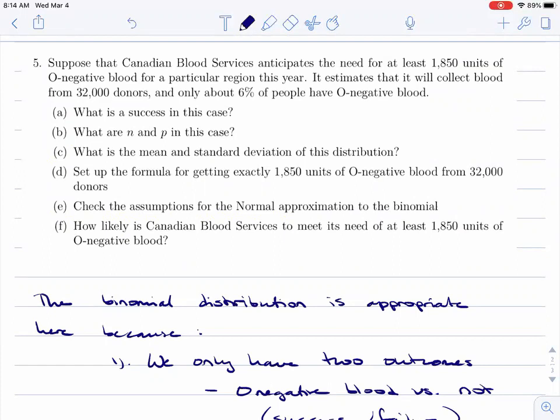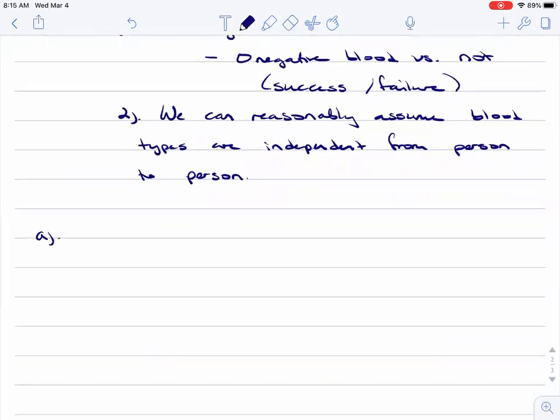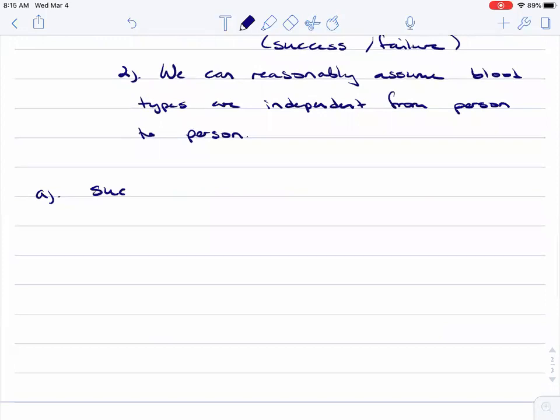They're not necessarily going to be parts in the question. You would have to come up with these things on your own. But here we're guided. And so a success is going to be someone who has O negative blood.